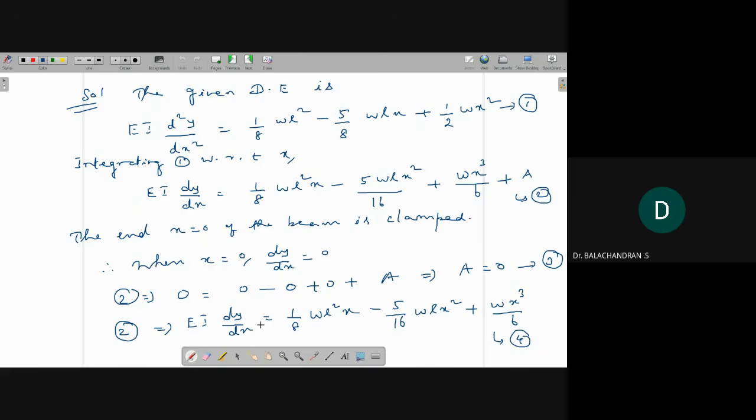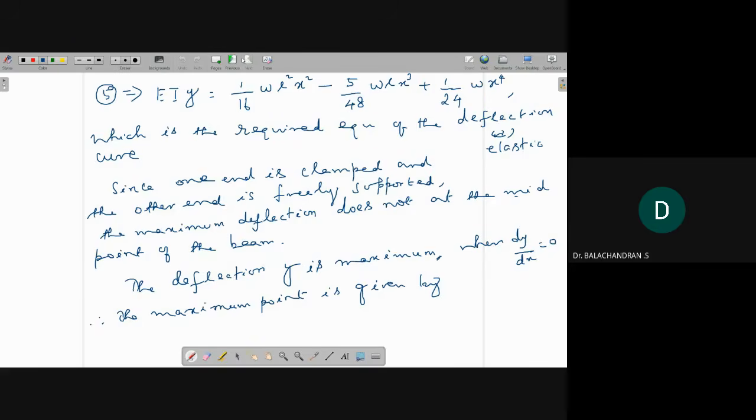If I substitute dy by dx is equal to 0, then you have 1 by 8 times this expression equal to 0. Okay, so therefore the maximum point is given by 1 by 8 omega L square x minus 5 by 16 omega L x square plus 1 by 6 omega x cube equal to 0 by using equation 4.